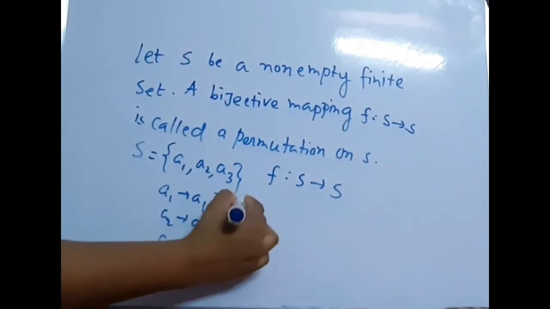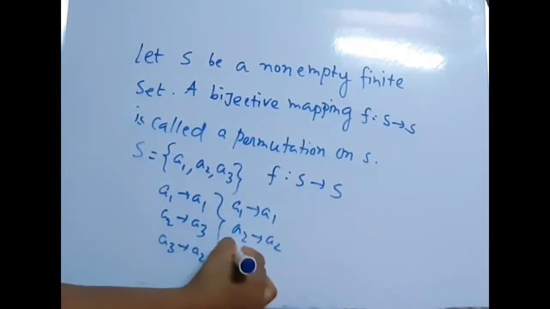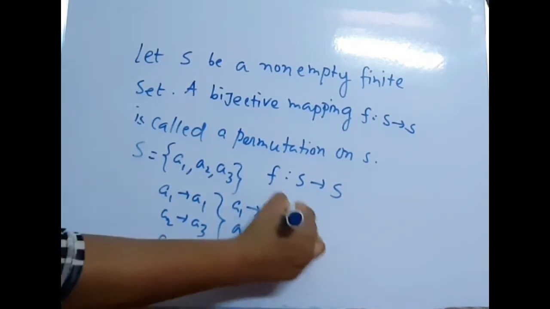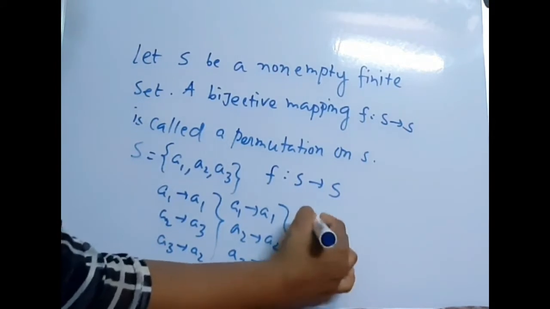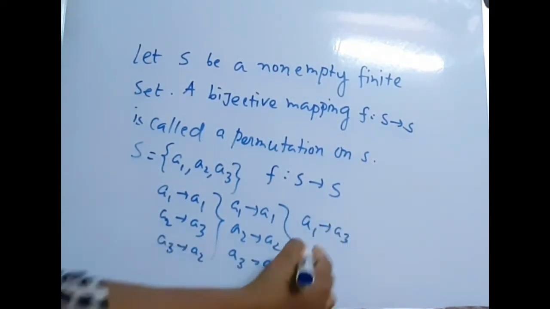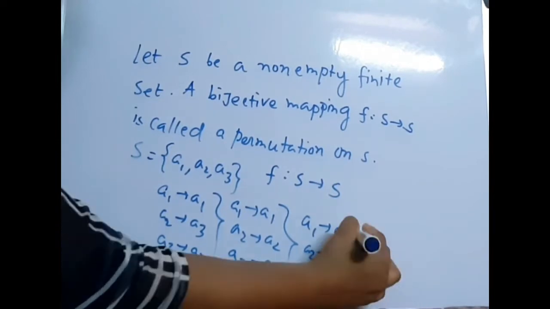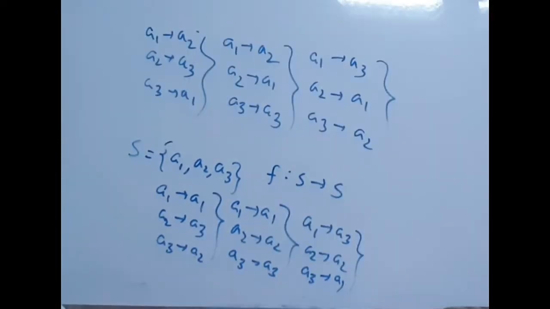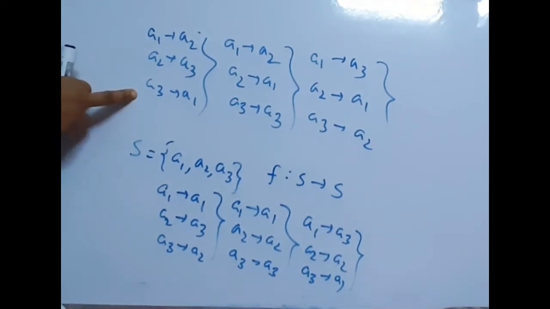The second case, a1 goes to a1, a2 goes to a2, a3 goes to a3. Now the third case, a1 goes to a3, a2 goes to a2, a3 goes to a1.